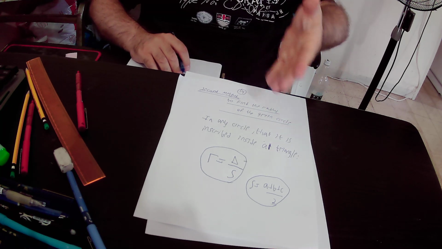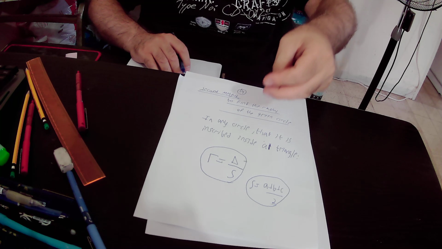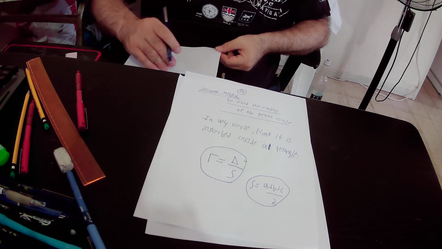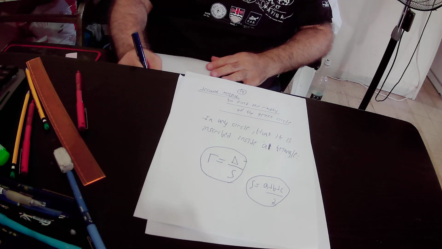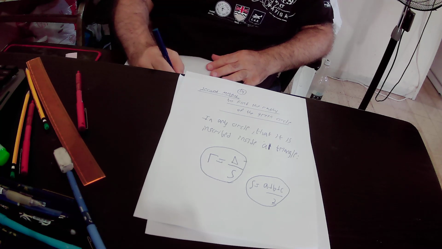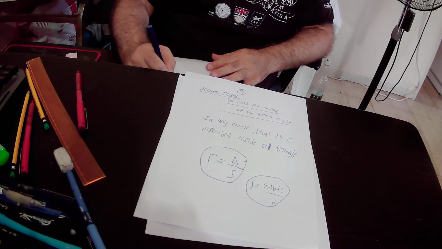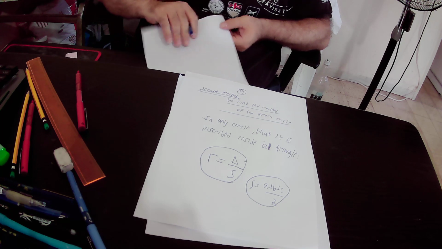And we have already found out that the area of triangle ABC equals 84 square units. Again, R equals the area of triangle ABC over the semi-perimeter.